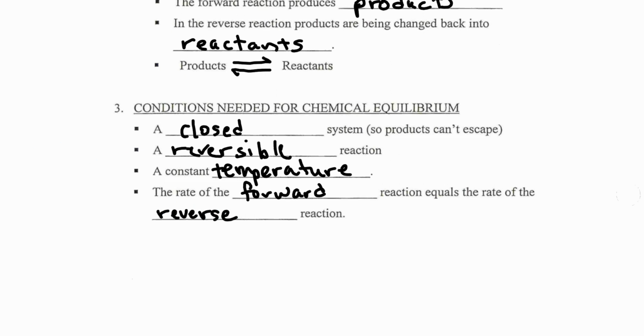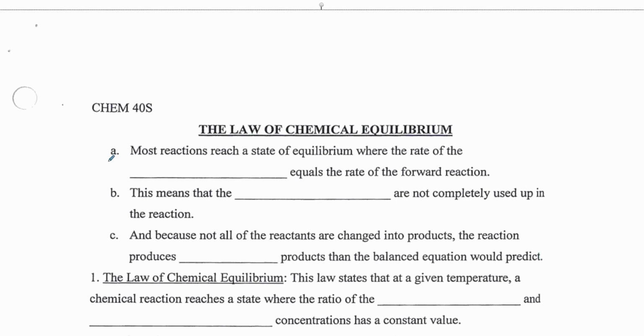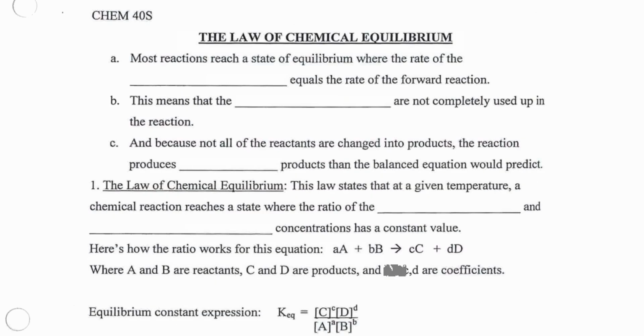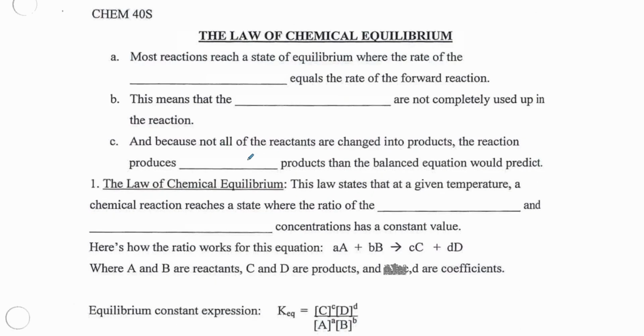All right, so let's move on to what we can do with this, some calculations. So that's the theory behind reversible reactions and dynamic equilibrium. Let's look at some calculations. So this is just reviewing a little bit. Most reactions reach a state of equilibrium where the rate of the reverse reaction equals the rate of the forward reaction.